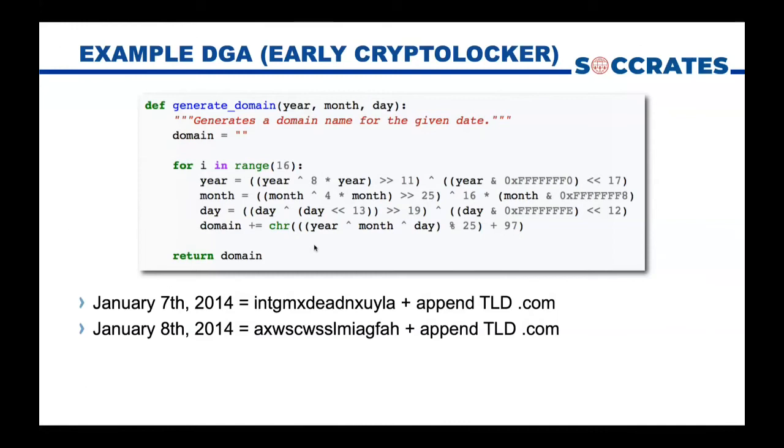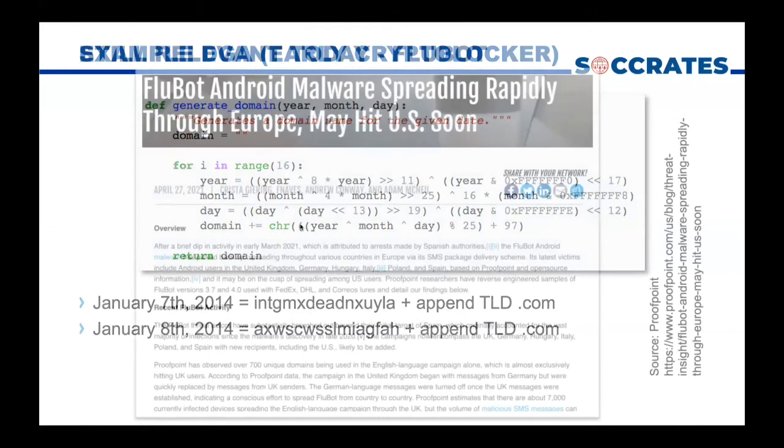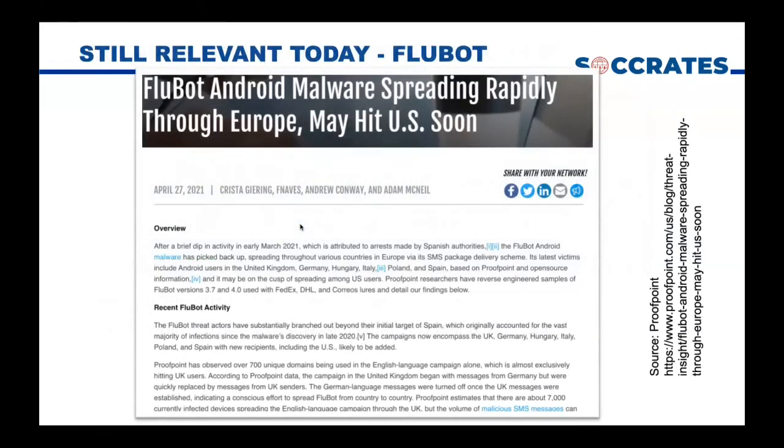There is an algorithm behind it, so if we reverse engineer the algorithm being used, it's actually possible to predict what a domain will look like at a given time. And this threat is still relevant today. That was an older example from 2014, but even today this method is being used.